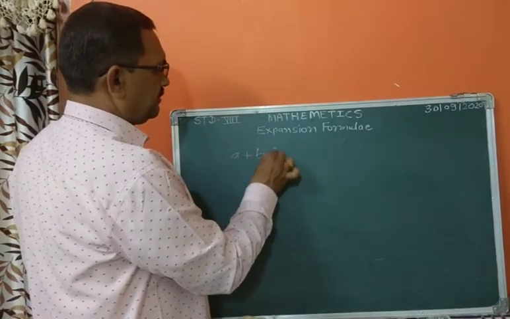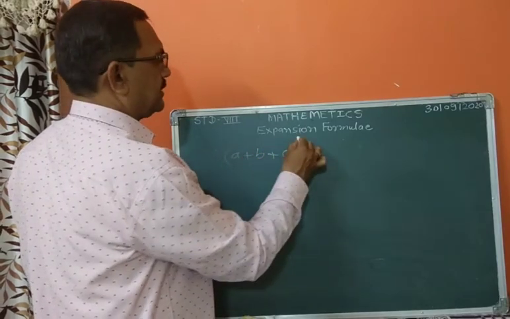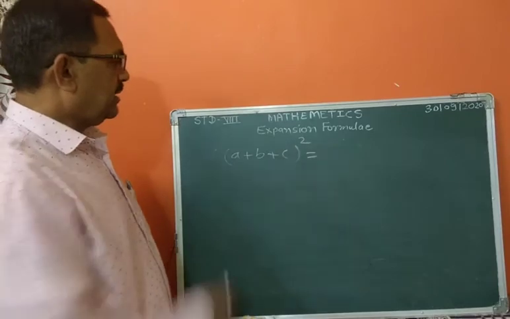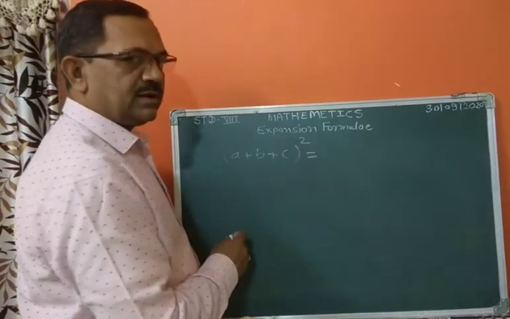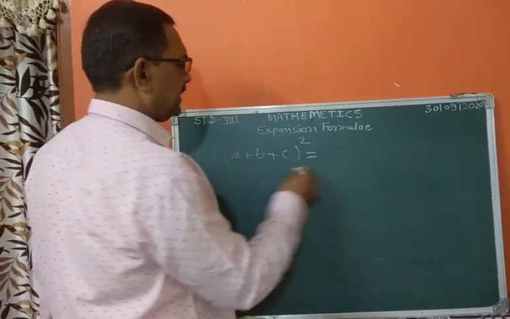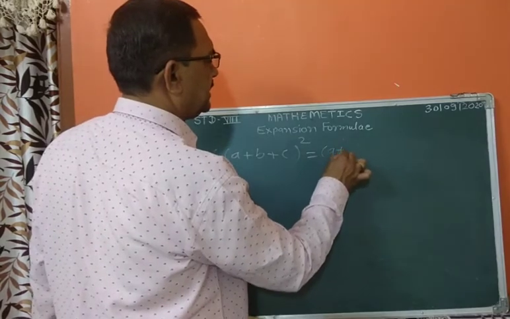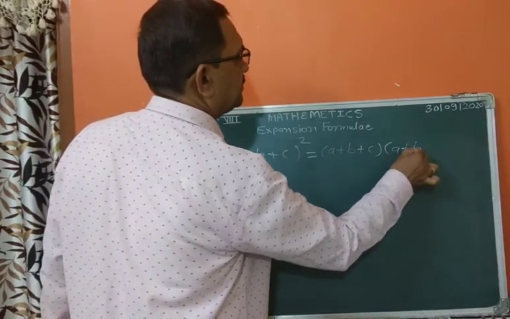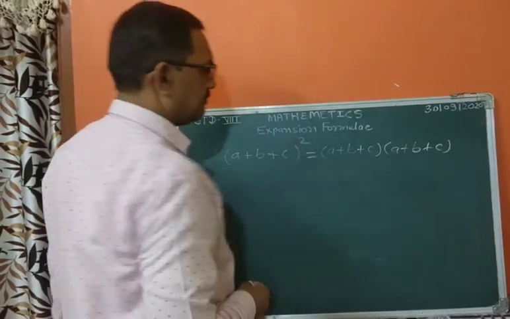(a plus b plus c)². What is the meaning of this (a plus b plus c)²? It means 2 times the multiplication of a plus b plus c: (a plus b plus c) into (a plus b plus c).